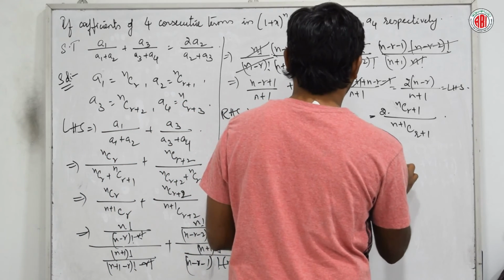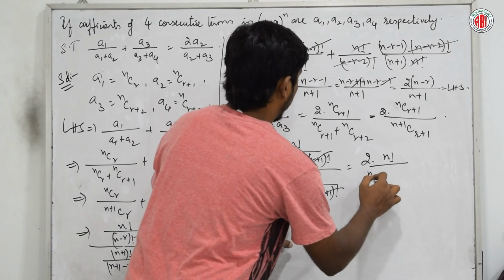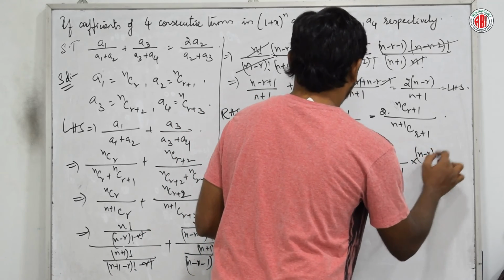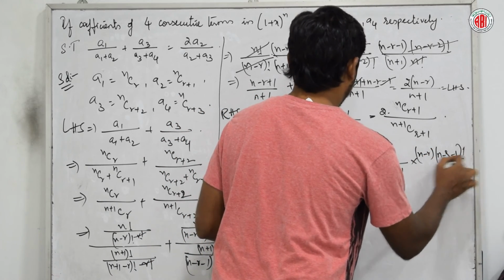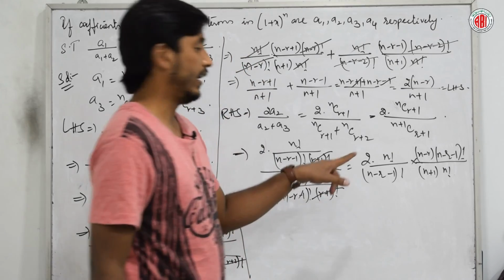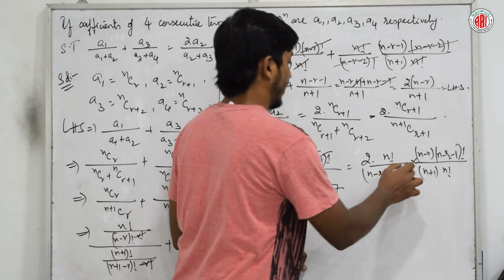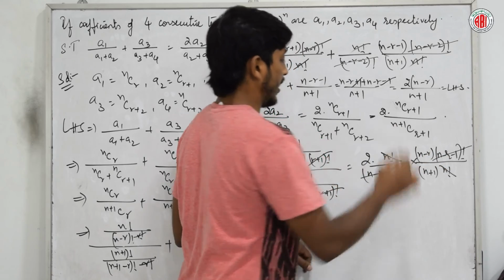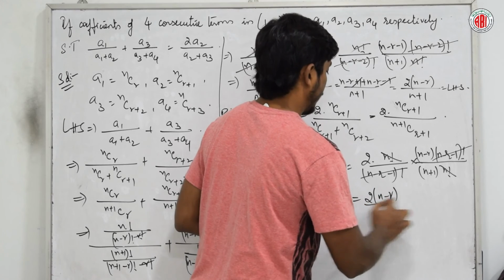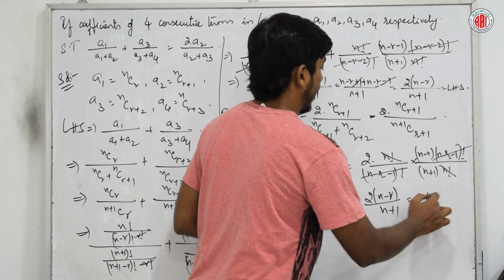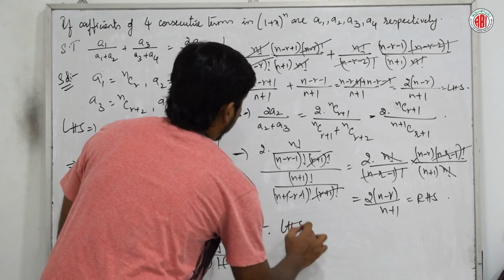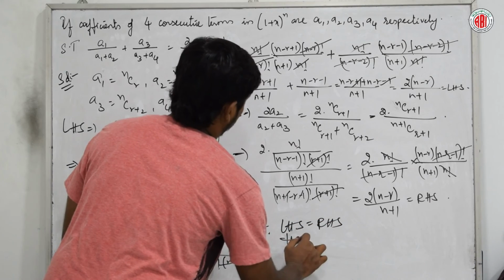Here it is 2 into n factorial by n minus r minus 1 factorial into n minus r into n minus r minus 1 factorial divided by n plus 1 into n factorial. Right? Now just cancel whatever left. These both are cancelled. These both are cancelled. I will be left with 2 into n minus r by n plus 1. This is RHS. If you observe, both are same. Therefore, LHS equal to RHS, hence proved.